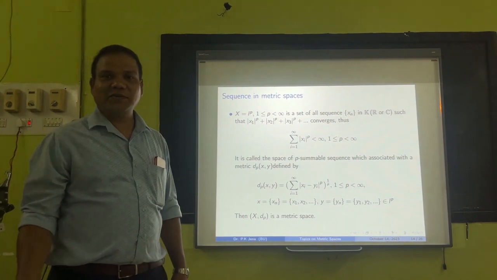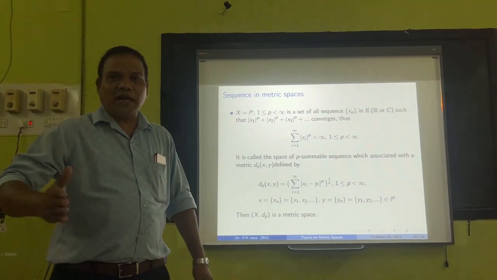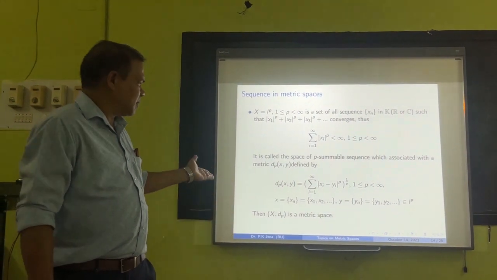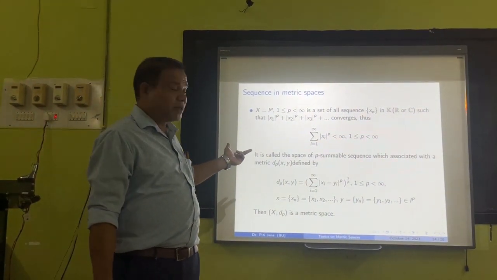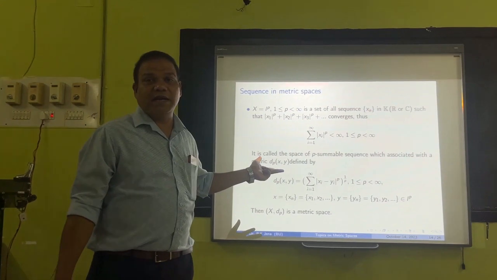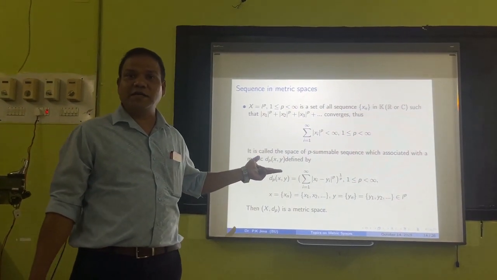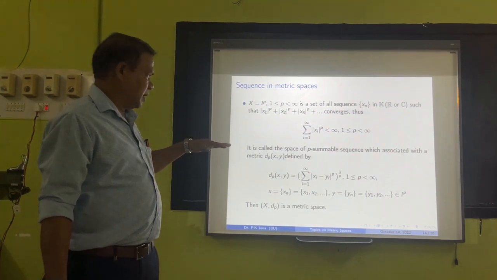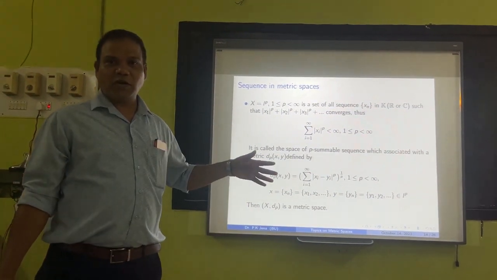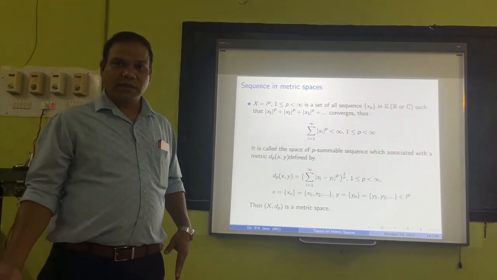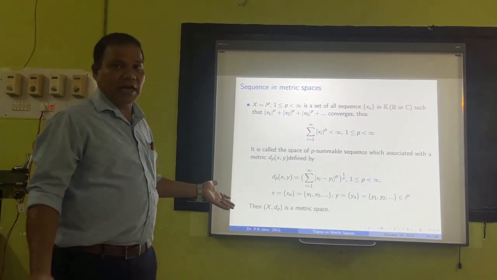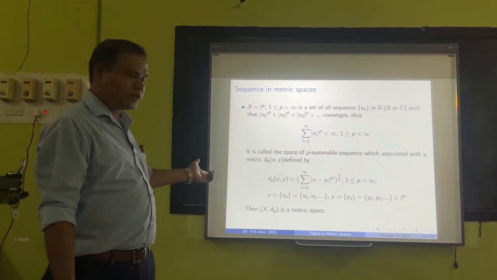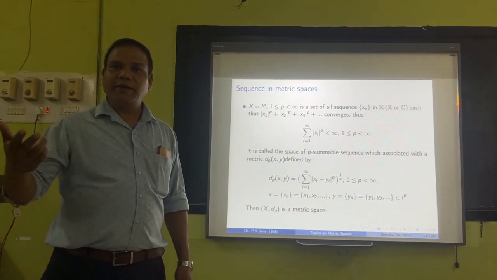Some auxiliary inequalities are needed because here the summation is not finite, it is an infinite summation. It has already been done, it is not research work, so the proof is available in any textbook of functional analysis. So LP associated with dp is a metric space.